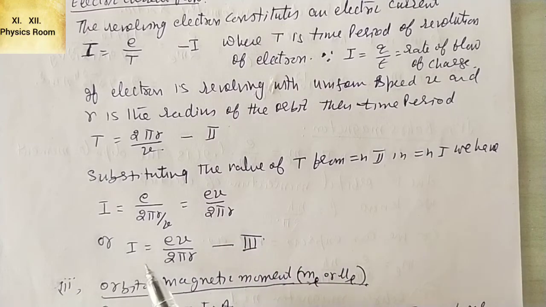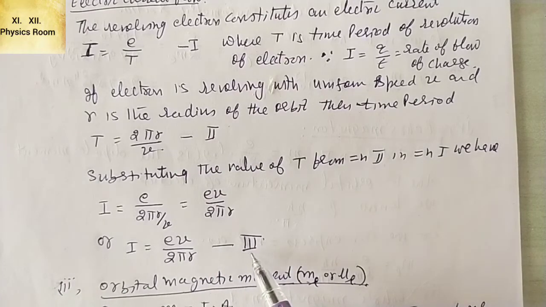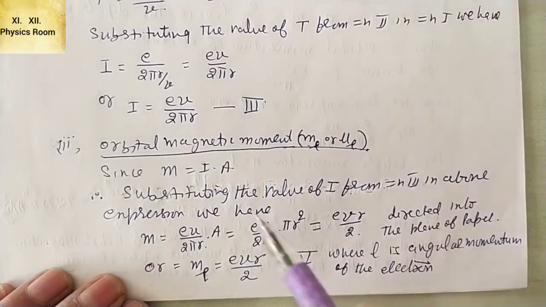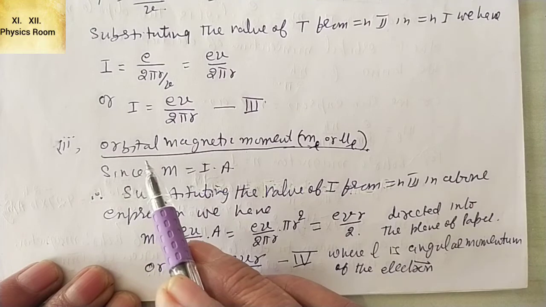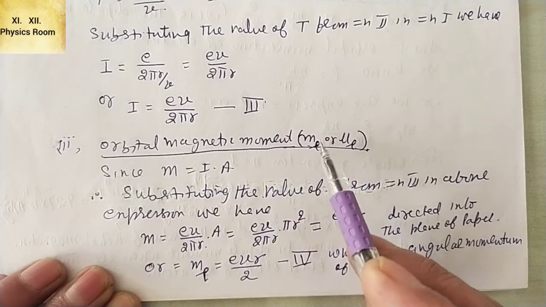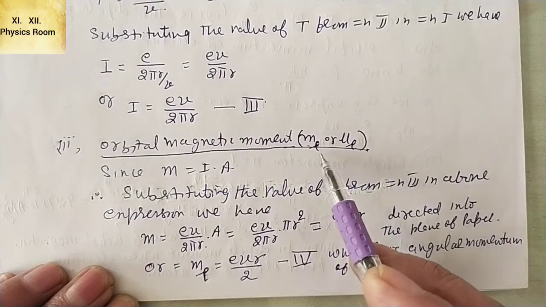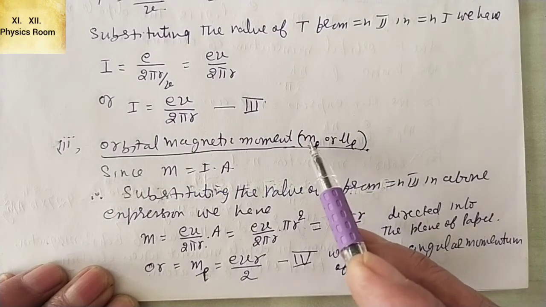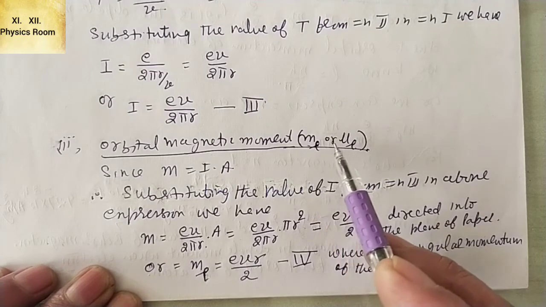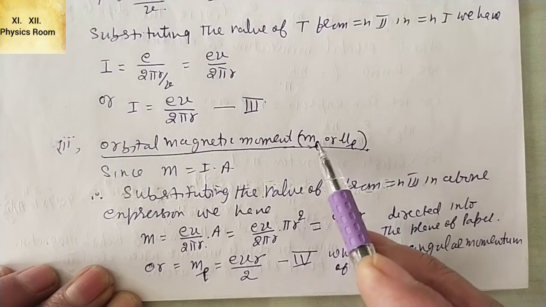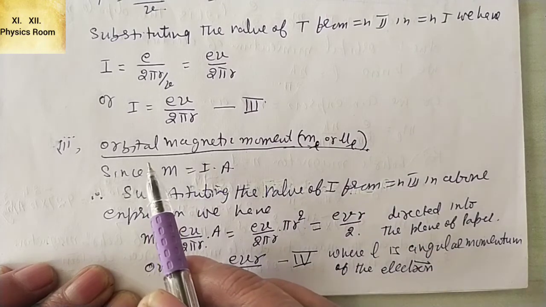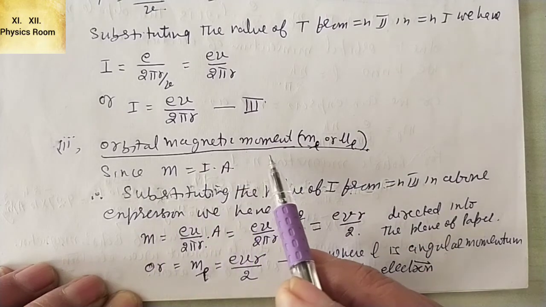So therefore I is equal to ev by 2 pi r. Let us mark it as equation 3. Now in the third step, we go to orbital magnetic moment, m L, L for angular momentum, or mu L. Magnetic dipole moment can be expressed by m or by mu, and L denotes that we are talking of orbital magnetic moment.